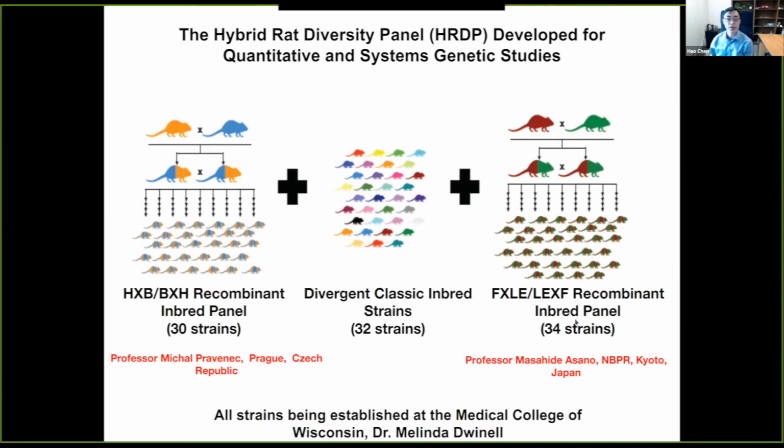And this actually is indeed an international collaboration and an international effort, because these two inbred panels were generated in two different countries, and all these inbred rats are available in the US. This is a large effort led by Melinda Dwinell at the Medical College of Wisconsin, and her group is actually rederiving many of these inbred strains.